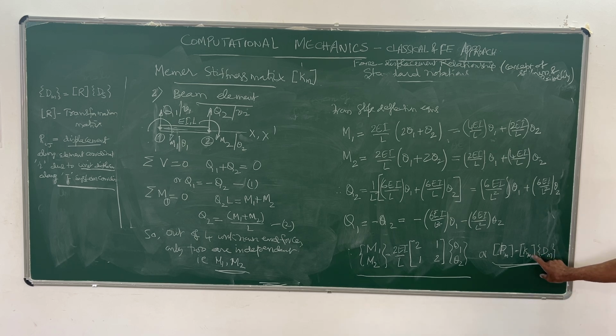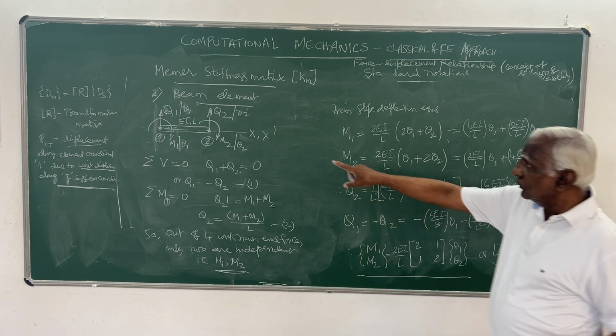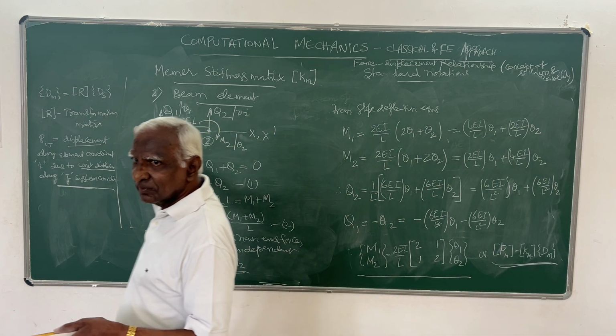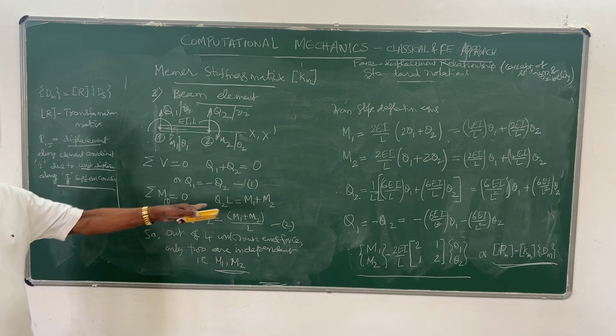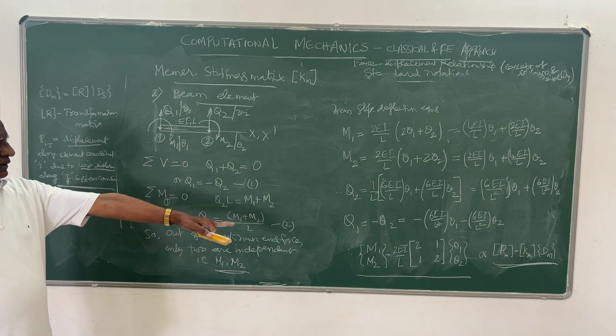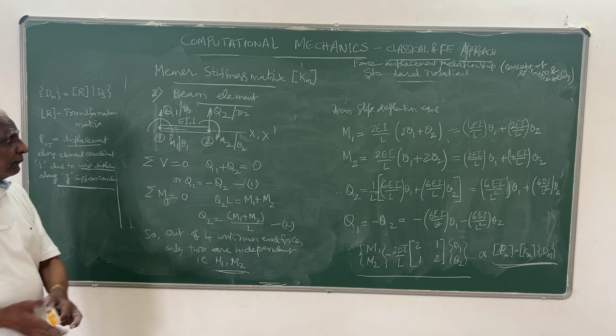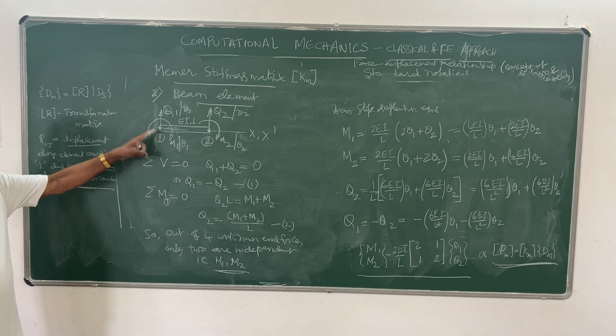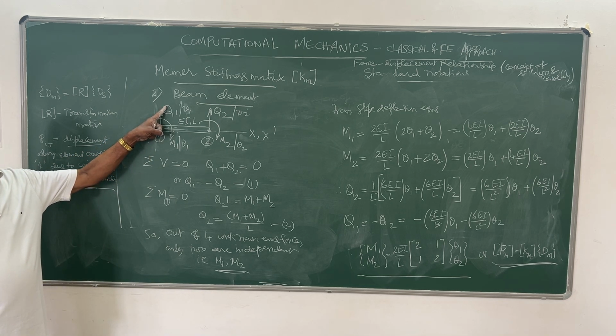So that means for a beam member with end moments only unknown, M1, M2, this is this displacement. But you can select M1, Q1 also unknown.